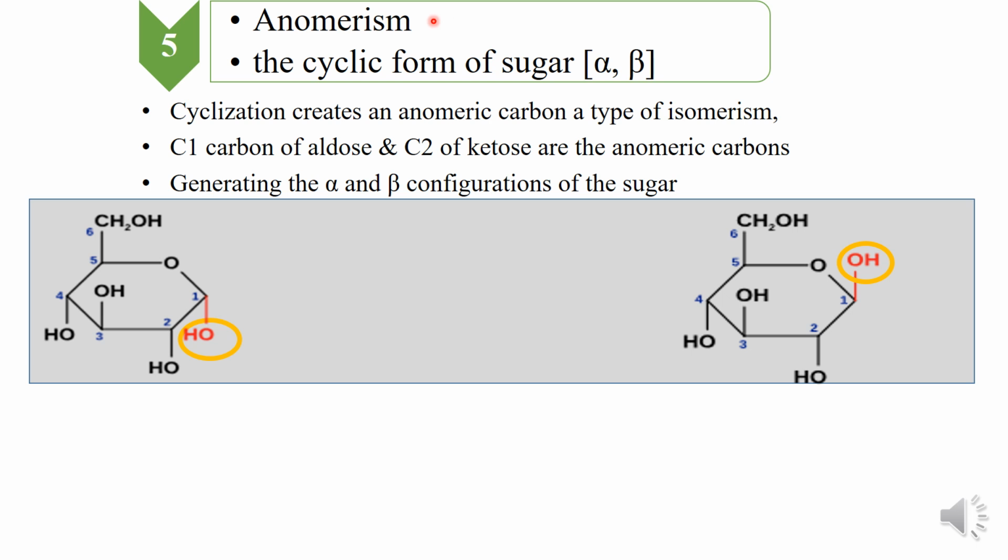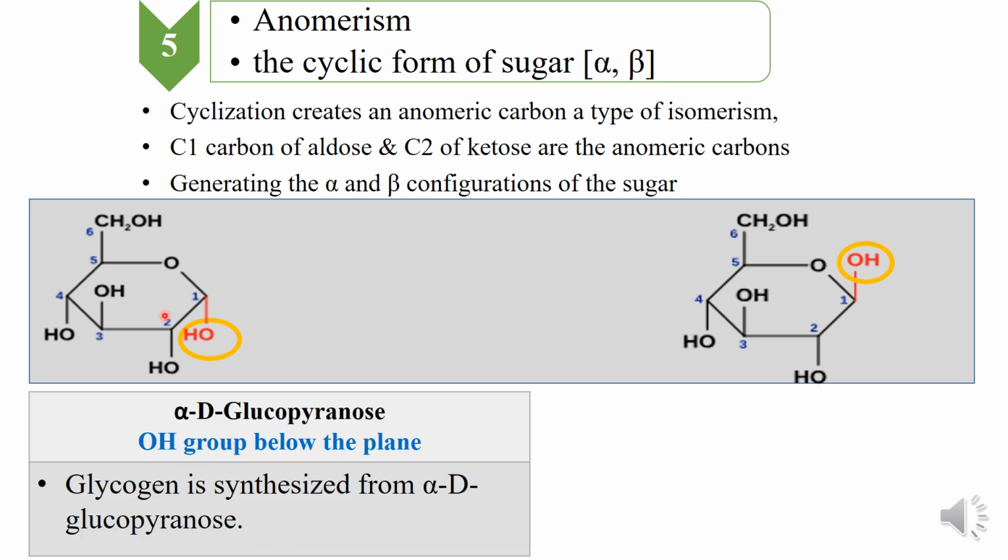Now we come to the fifth type, that is anomerism. This form of isomerism is due to cyclization, which creates an anomeric carbon. In this, the C1 carbon atom of aldose and C2 carbon of the ketose show anomeric carbons. This is because of asymmetry that is caused due to cyclization. It generates two types of configurations, that is the alpha and beta type of sugars.